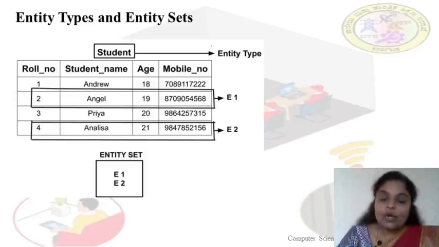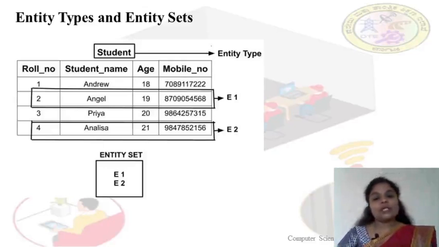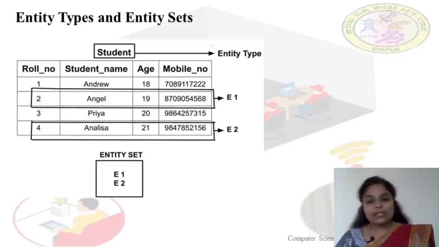To remove your confusion: while speaking in normal language, we developers usually say it's an entity. But we never say roll number is an entity. We can't. It's an attribute. Entity type and entity are used interchangeably, no problem, but you should know the exact meaning of each.